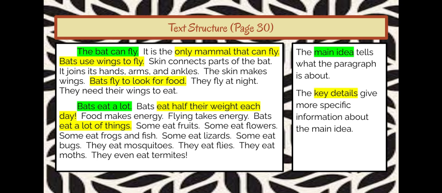The main idea tells what the paragraph is about. The key details give more specific information about the main idea. Proficient readers ask themselves questions while looking for the main idea and details. Looking at the page, what question do proficient readers ask themselves when looking for the main idea?